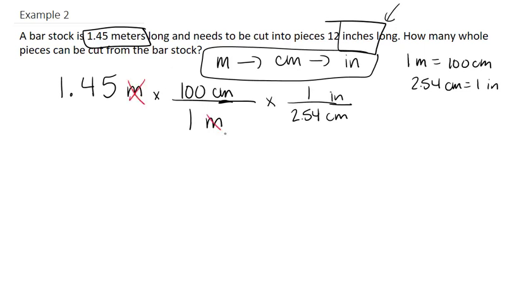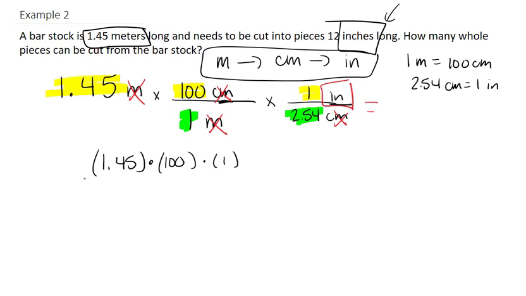This way we get rid of meters and then centimeters, and we're left with inches. So we multiply what's on the top, 1.45 times 100 times 1, divided by 1 times 2.54 on the bottom, and this is inches.